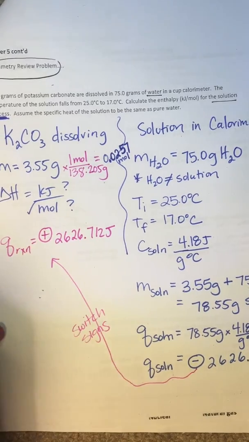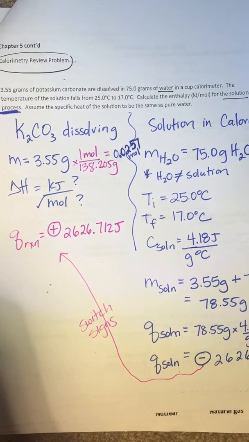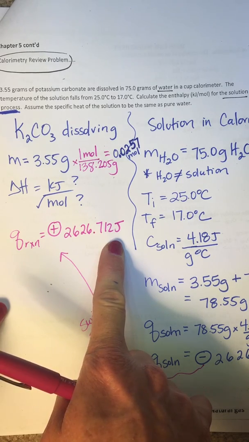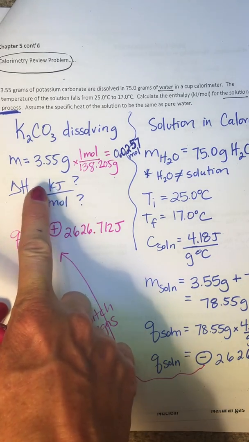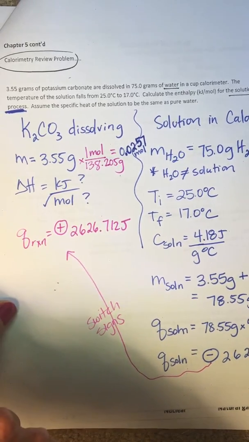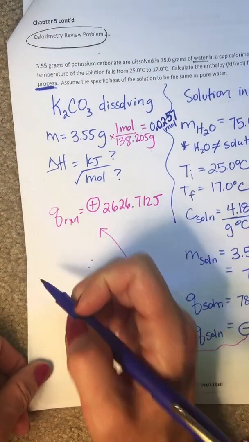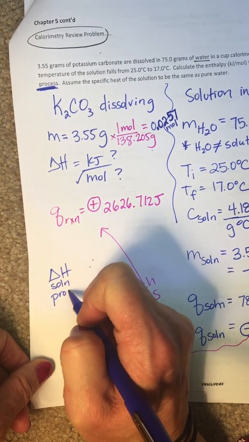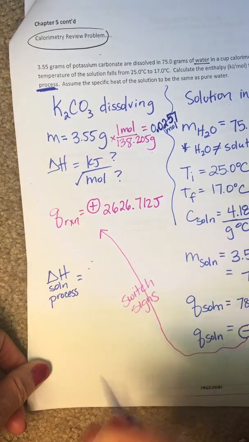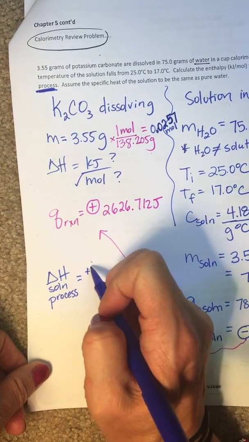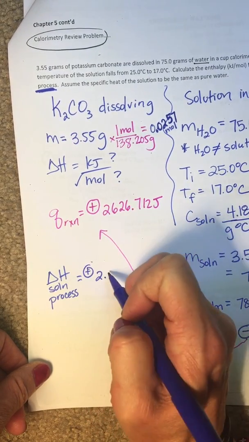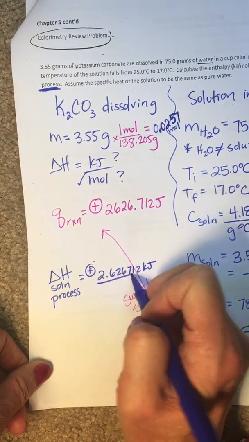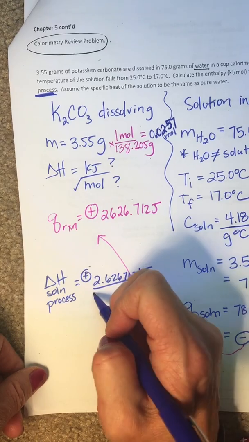Okay, and then the last bit is just us cleaning up our work, converting our final units. This we need to convert to kilojoules. So we can put it up here, and then we're going to divide by our moles. So when we get our delta H for our solution process, we should have our kilojoules, which is positive, 2.626712 kilojoules, all over our moles that we originally got.